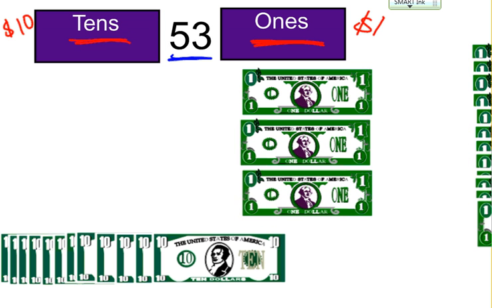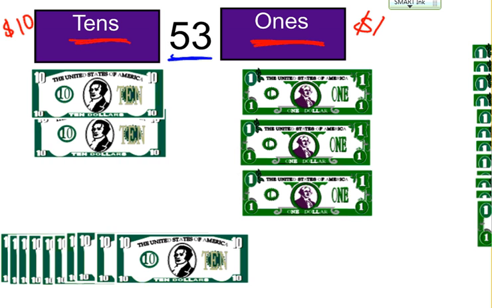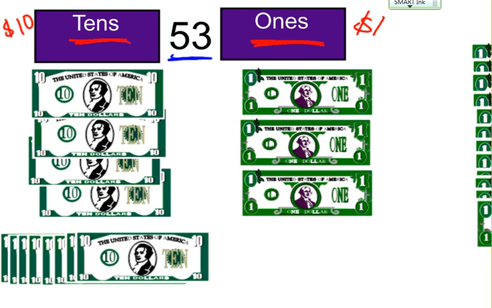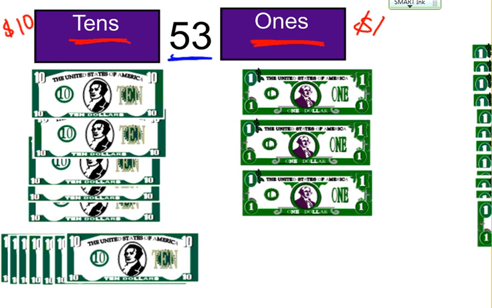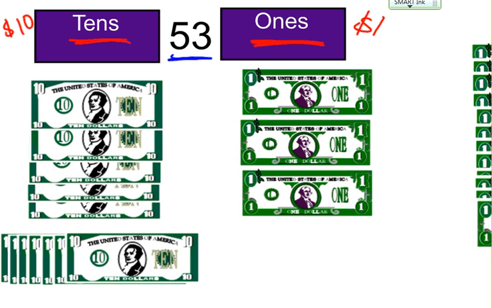That's going to cover my ones portion. And then of course I'm going to need 5 tens. 4, 5. So 5 $10 bills and 3 $1 bills. And that helps us better understand our concept: $1 bills representing the ones place, $10 bills representing the tens.